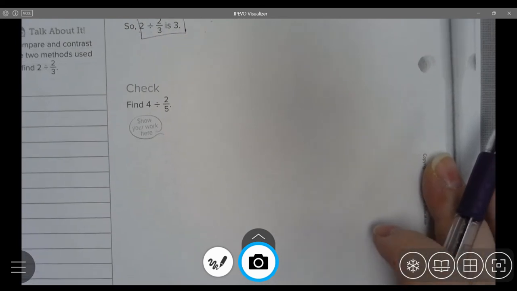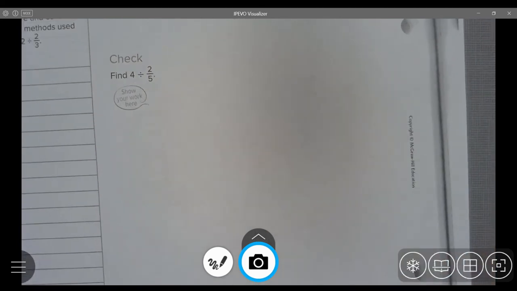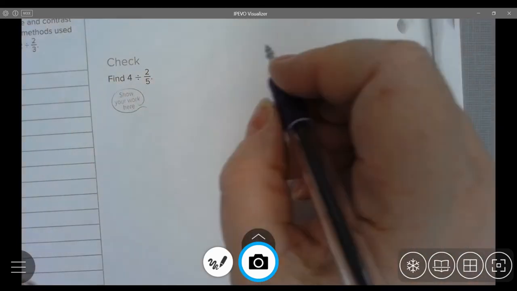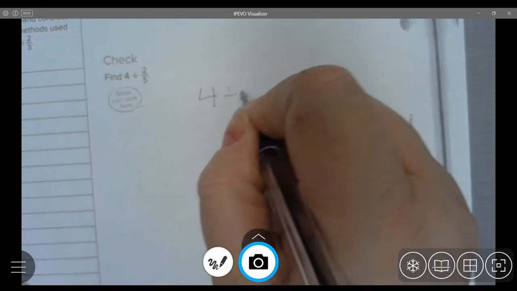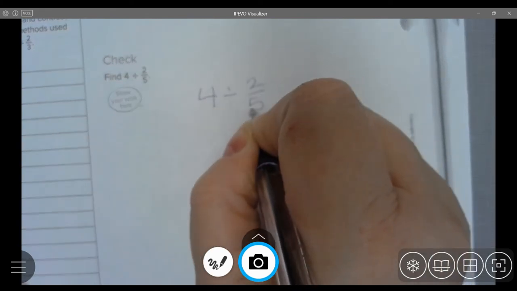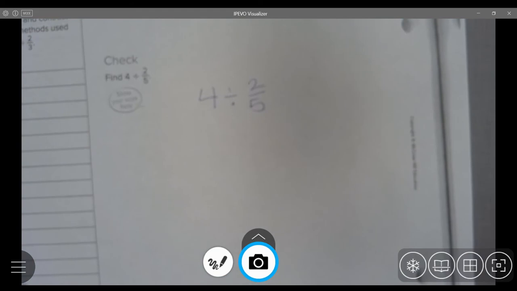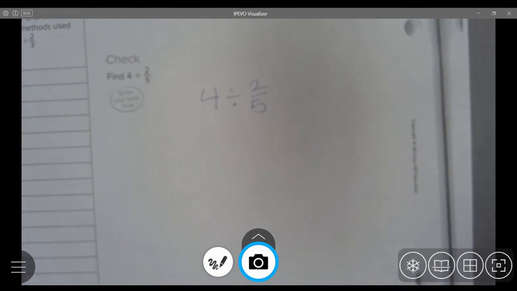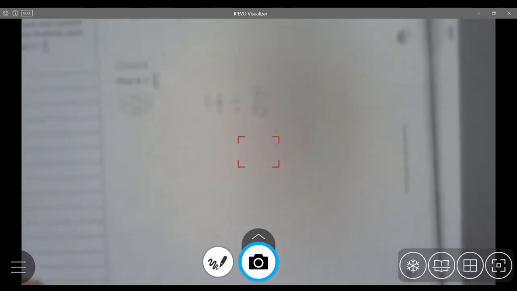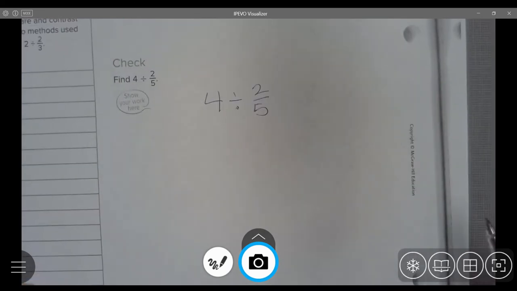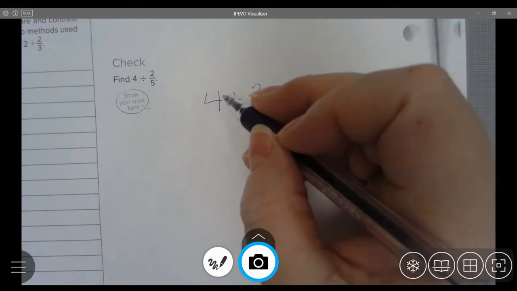Let's do the check on page 160. So our problem is 4 divided by 2/5. So let's go ahead and use method 2. I really like to use method 2 if they're not asking me to show it with visual models. It is really nice to be able to just quickly put the numbers down to help our algebraic mind think about what is happening in this problem.